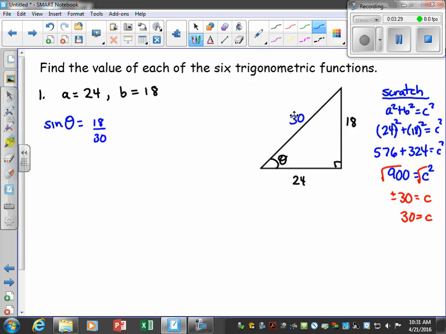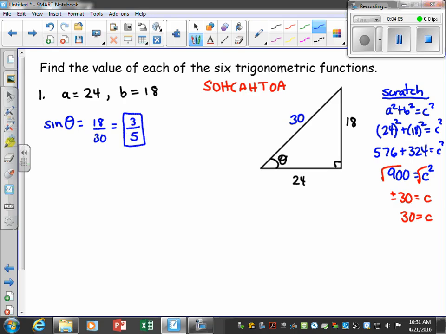Let's put SOHCAHTOA up there as a reminder. So sine is opposite over hypotenuse. What about 18 over 30 though? It reduces a little further, so let's simplify that. Divide a 6 out of each of them and it simplifies to 3/5.